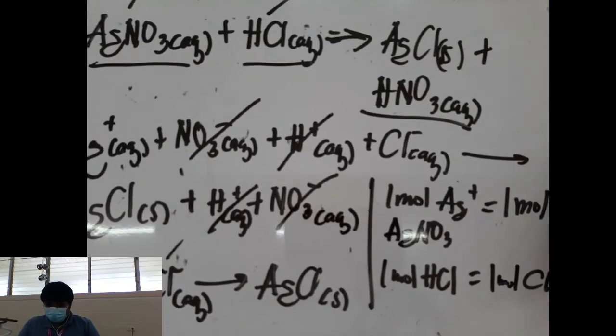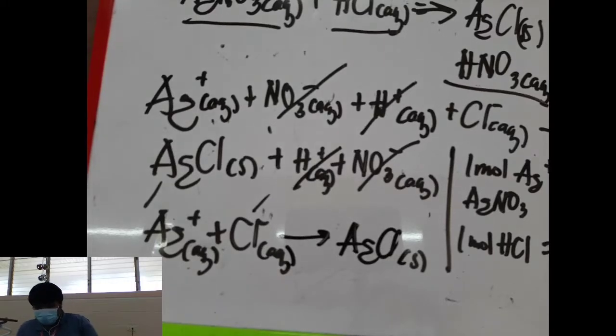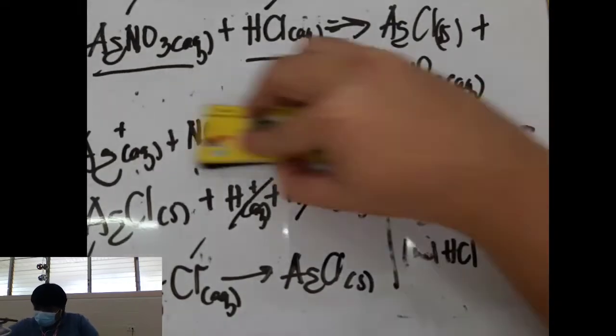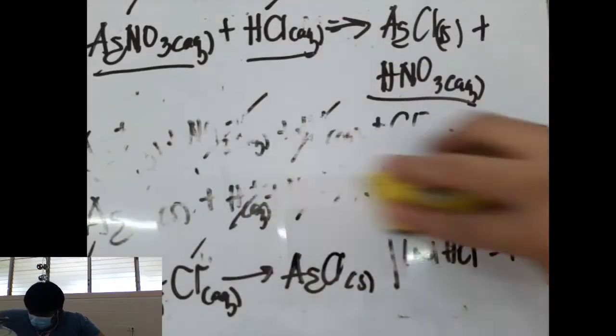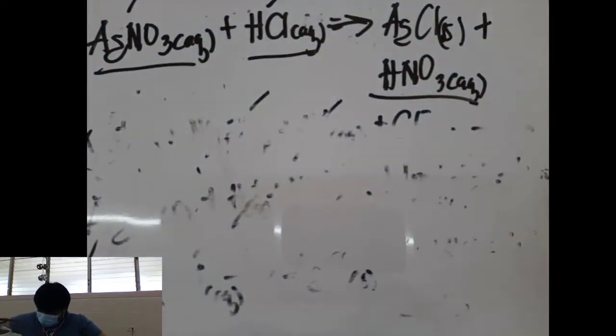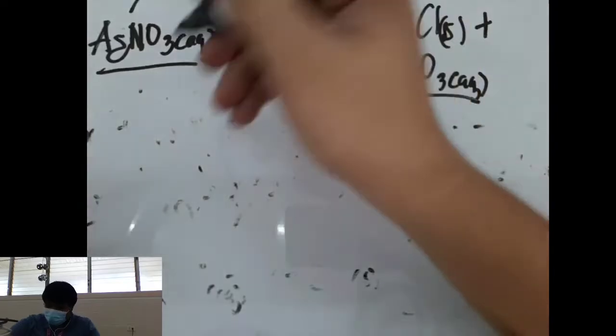So now we use this equation, or this net ionic equation. I'll move this above. So we can use this net ionic equation to perform our stoichiometric calculations.